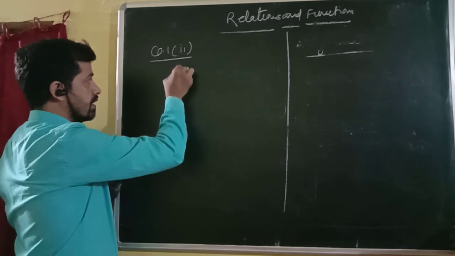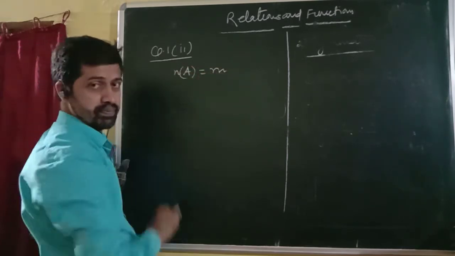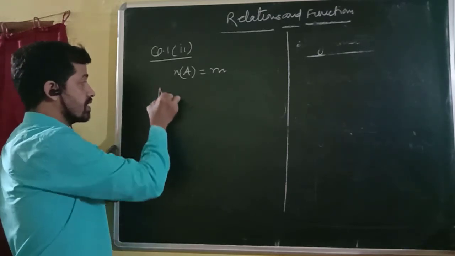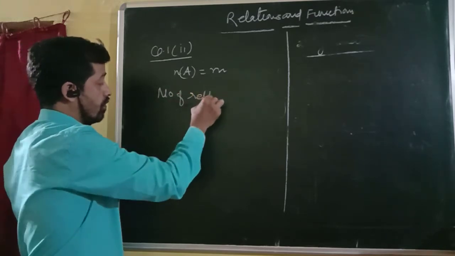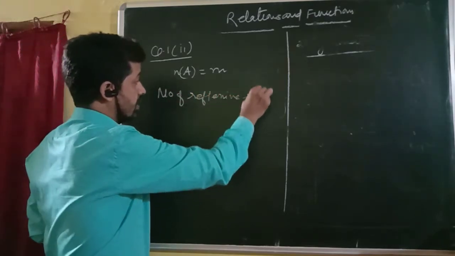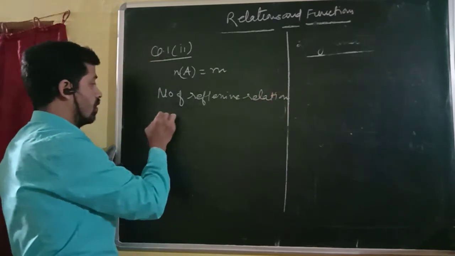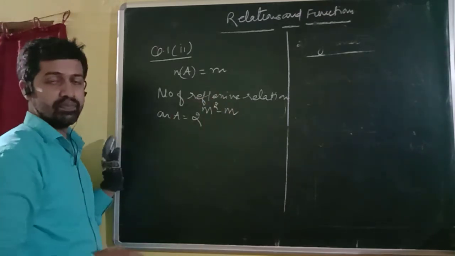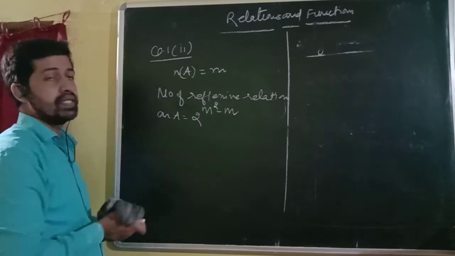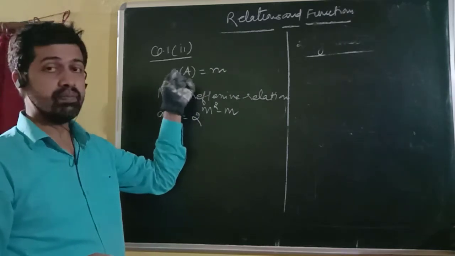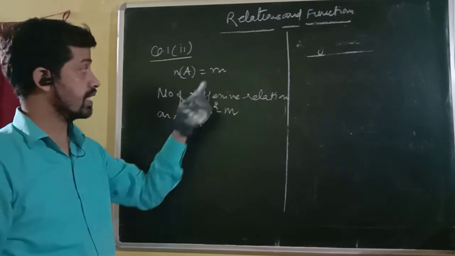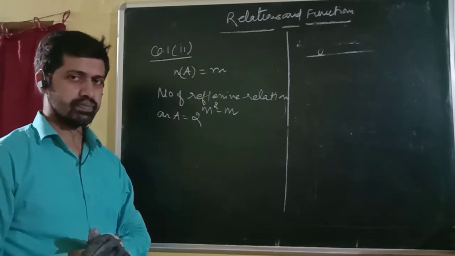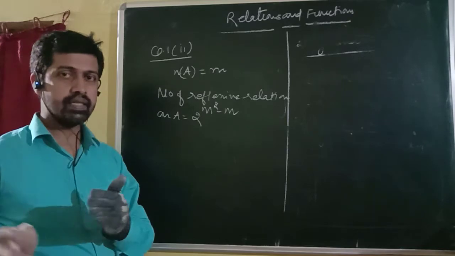Take a set A with the number of elements in set A being M. Then the number of reflexive relations on set A is equal to 2 raised to the power of M square minus M. It is due to the fact that when we form A cross A, we get M square elements, and out of those M square elements, we delete M elements.